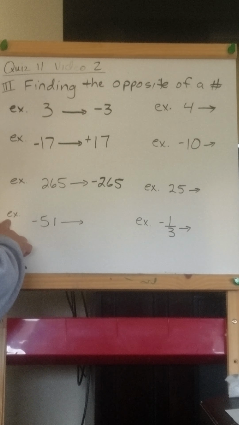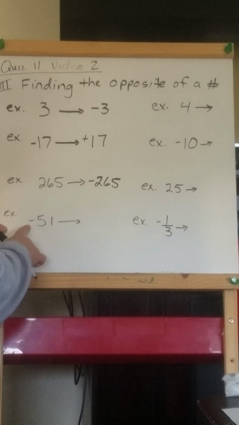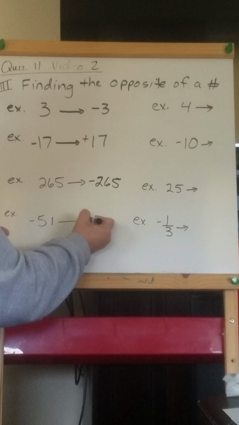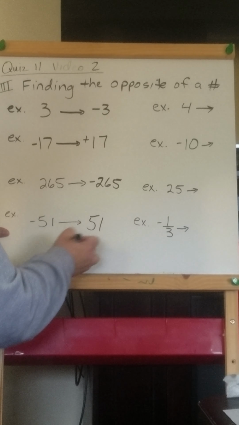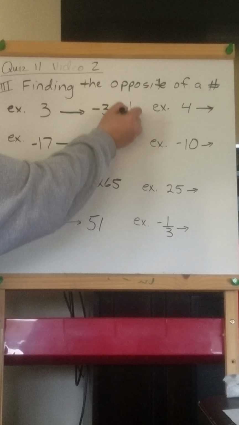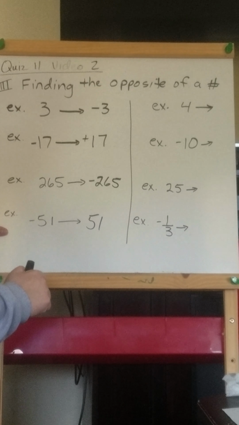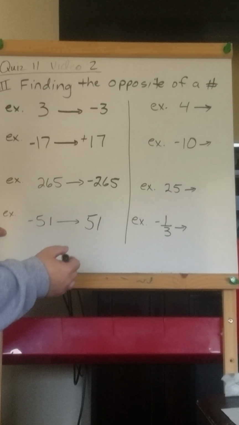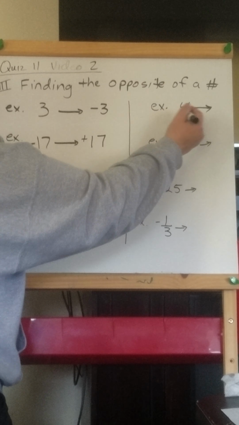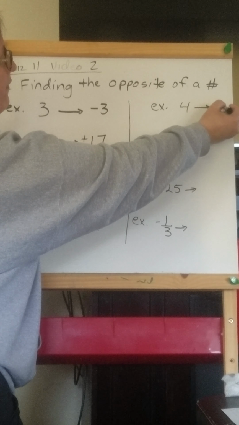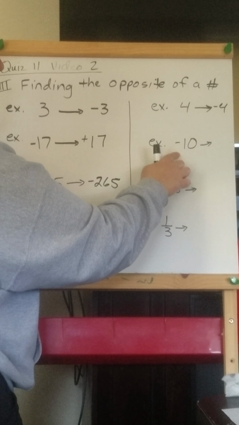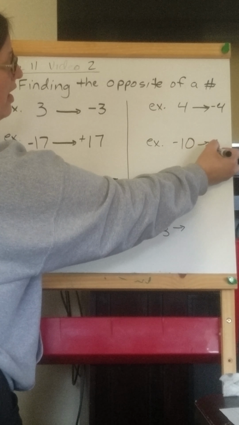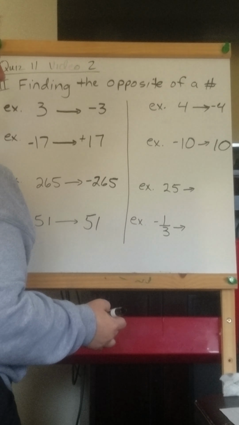All right, next we have negative 51. What's the opposite? A positive 51. Okay, moving to the next slide. If we are looking for the opposite of 4, it's going to be negative 4. The opposite of negative 10 will be positive 10.